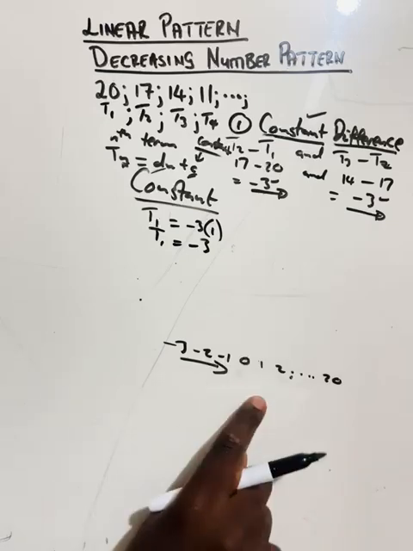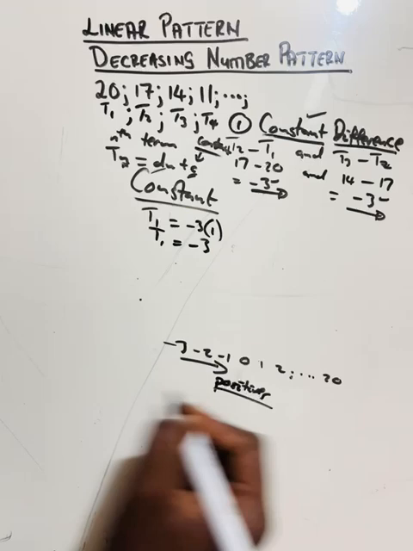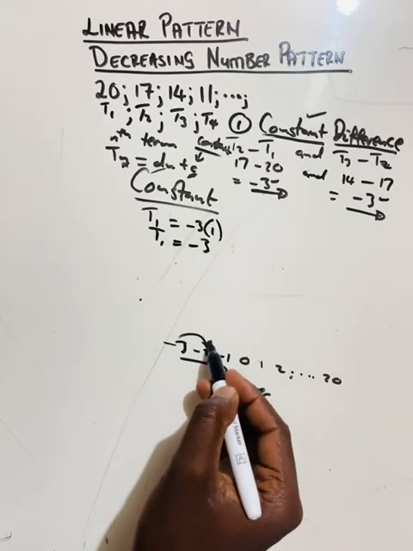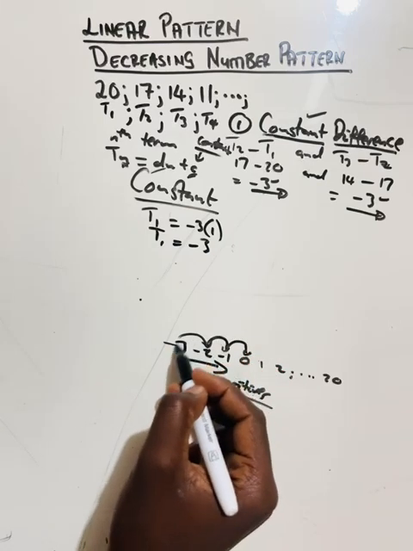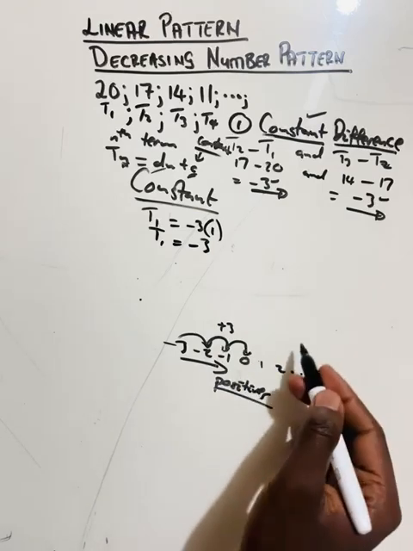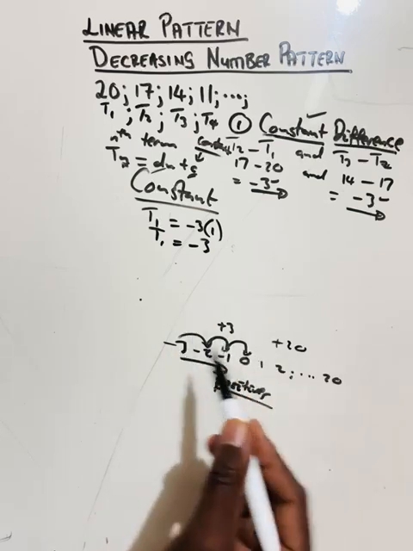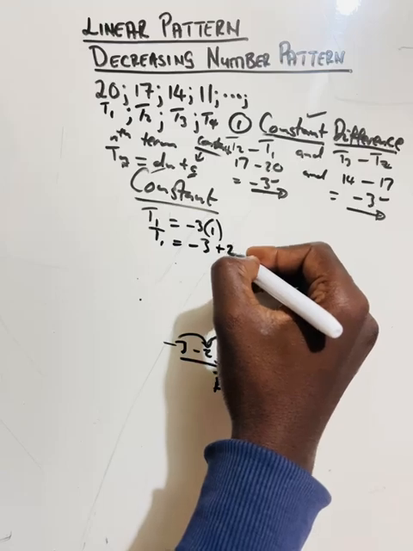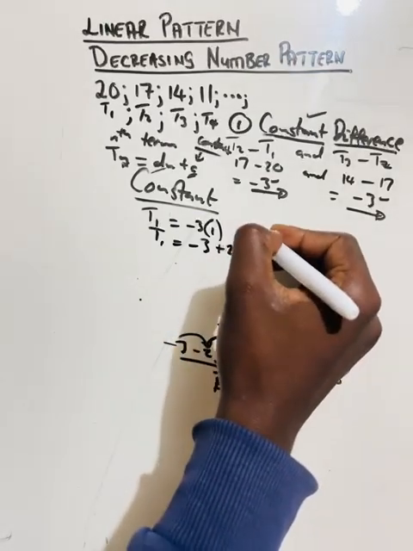And when you are going in this direction, your numbers are positives. From negative 3 to 0, how many numbers do you have? 1, 2, 3. So from this position we've got positive 3. And from 0 to 20, we have 20 numbers. And when we say 20 plus 3, we get 23. So here we are adding 23. And this number 23 which we found is our constant.